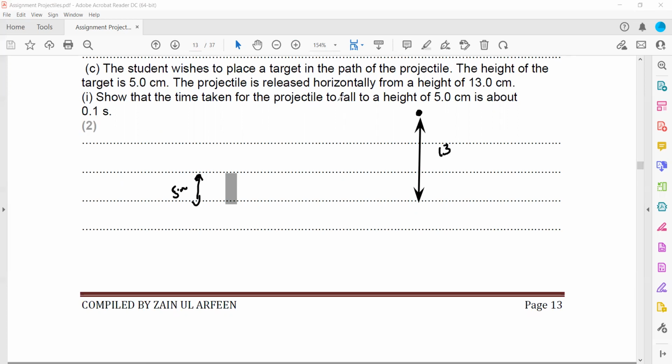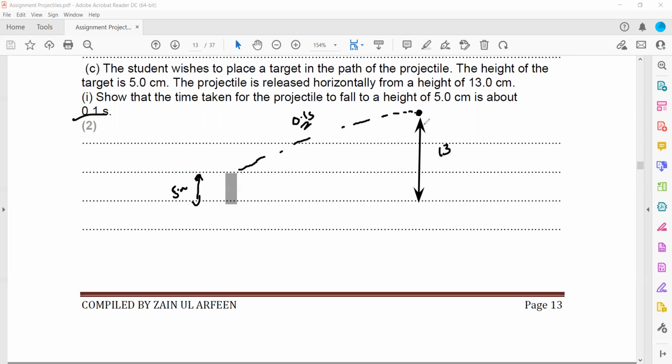Show that the time for a projectile to fall to a height of 5 centimeters is about 0.1 seconds. So we have to show that when this projectile is launched, it will take about 0.1 second to reach 5 centimeters. So what is the change in the height?